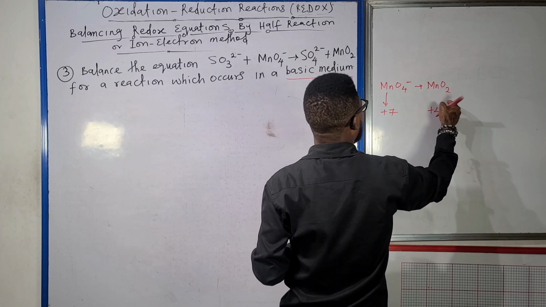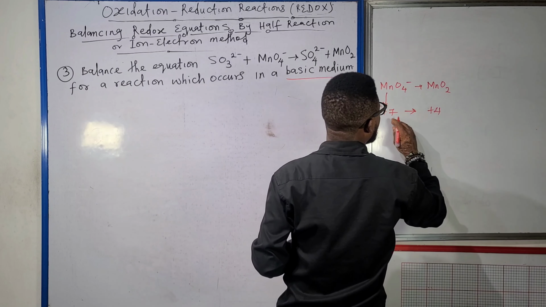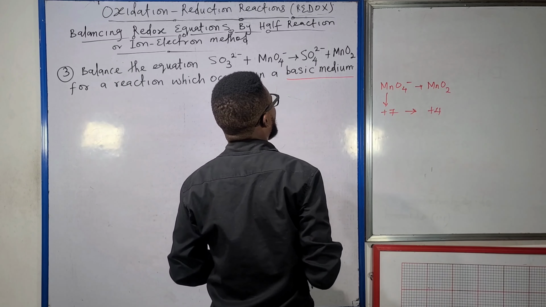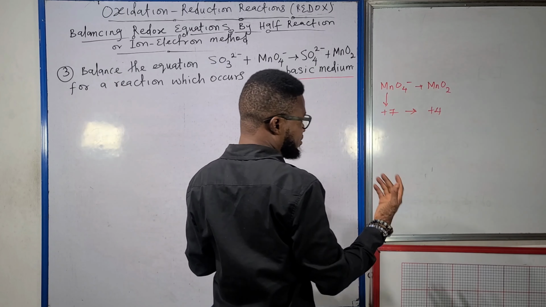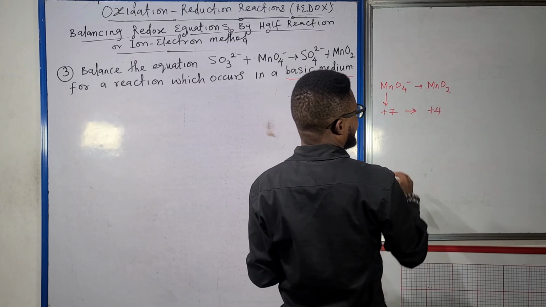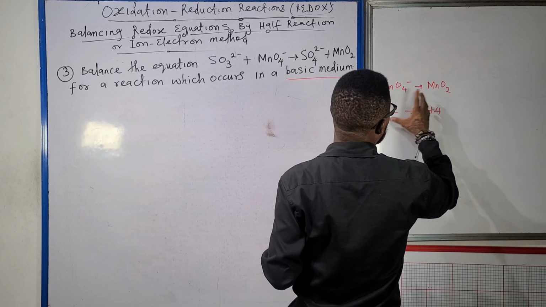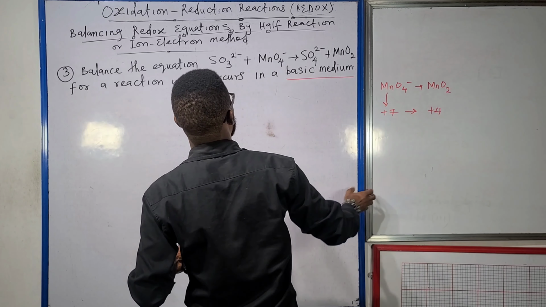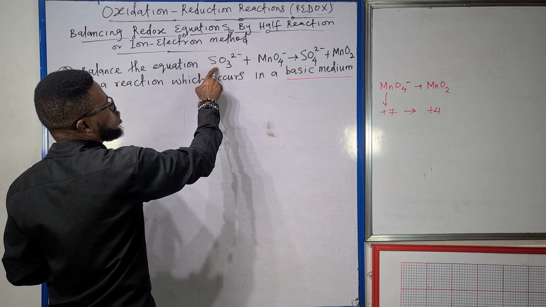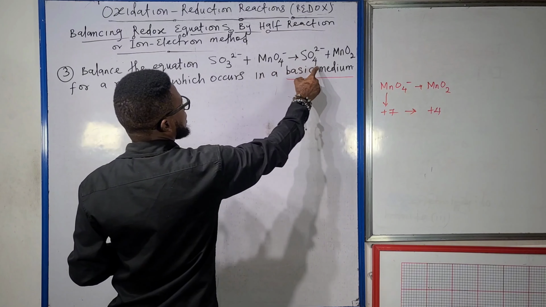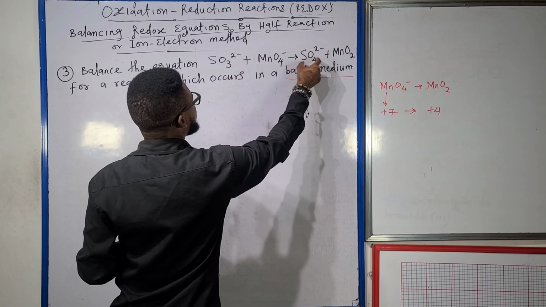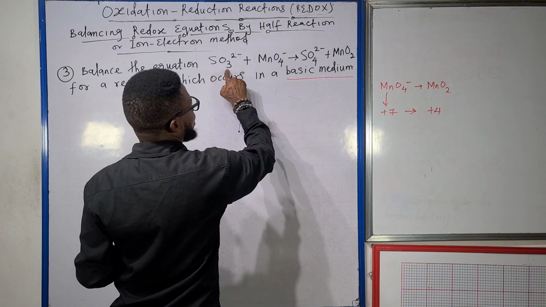This is manganese(IV) oxide. So this is a reduction in the oxidation number. Even in terms of oxygen, O4 to O2 is loss of oxygen, that is reduction. But when you look at SO3 and then SO4, oxygen has been added to SO3.